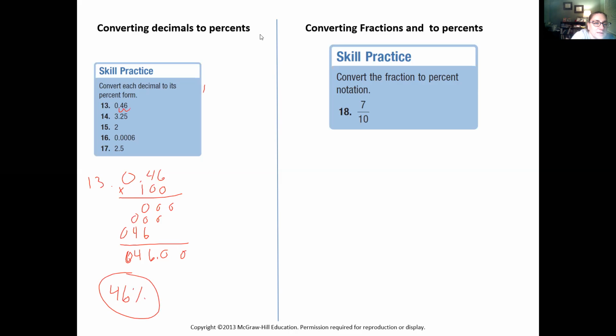So for 14, 2 to the right, 325%. 15, 2 to the right, 200%.